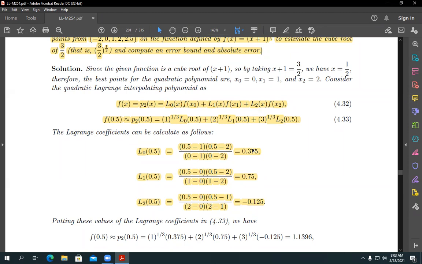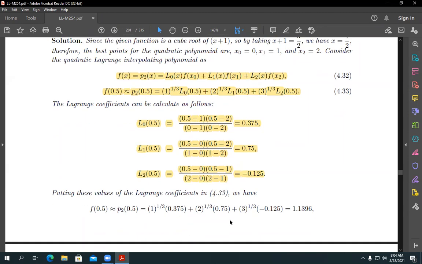If not, it means you have to recheck the values of L0, L1, and L2. But when you add L0 plus L1 plus L2, you can see easily that it is 1. So you can put these values in the formula. So you have got everything now, and when you compute, you will get the approximation of the function at the given point. We finished the first part here.